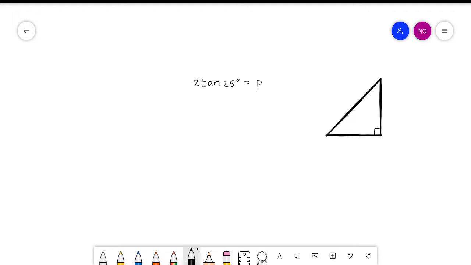Okay. Goed, so ek gaan net eers hierdie ene gaan skryf as tan van 25 grade is gelyk aan P op 2. I just divide by 2 on both sides. Okay. Now, I fill in the 25 degrees and then I work with this. So tan is always opposite over adjacent. Okay. So met ander woorde, daai P is opposite, die 2 is adjacent.